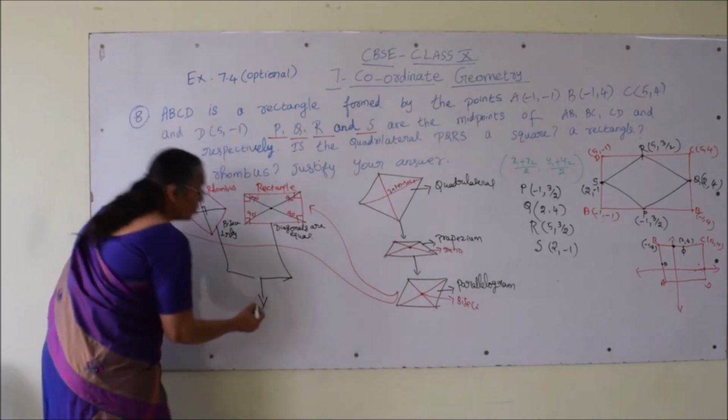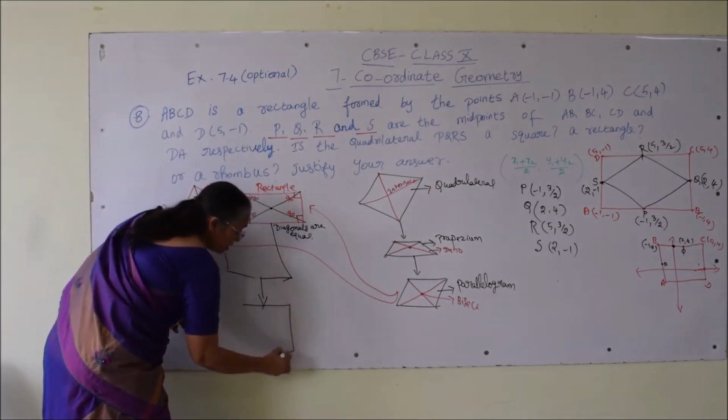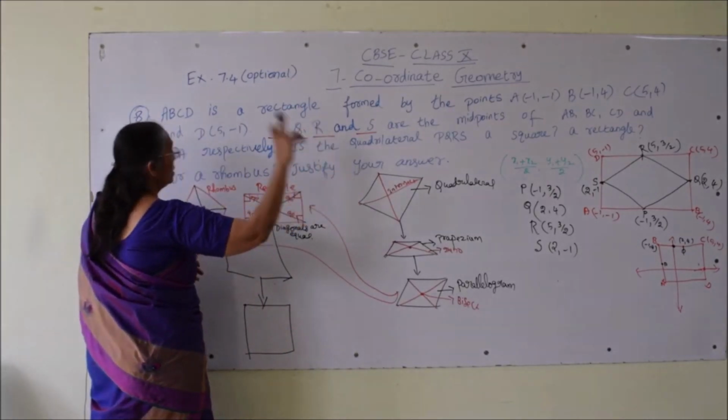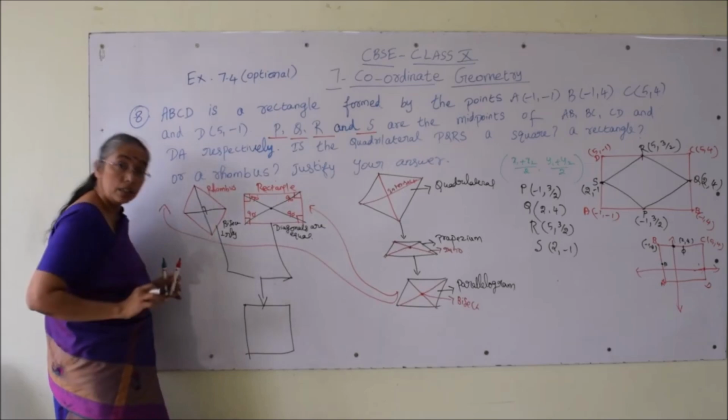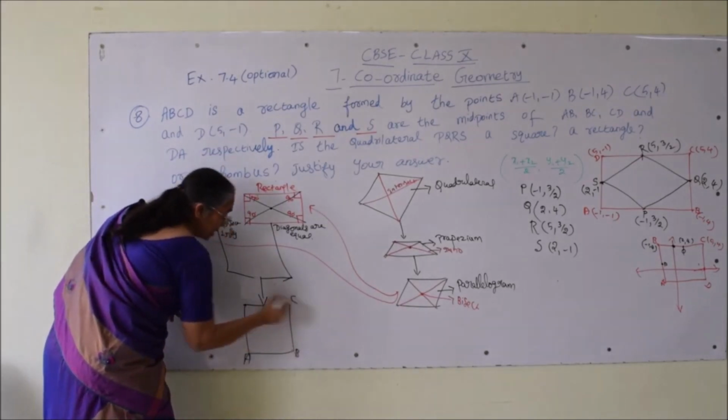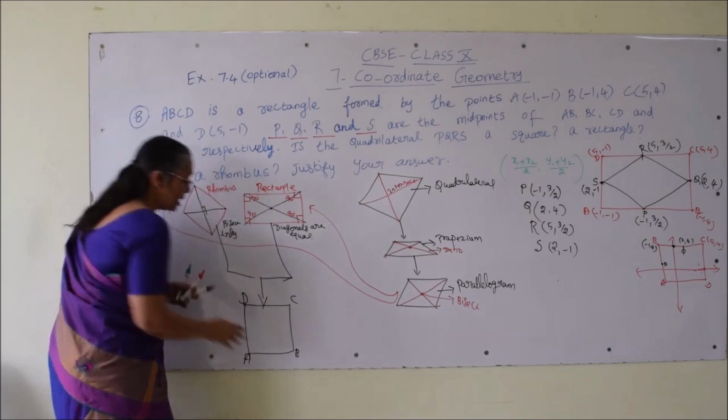Okay. Now, the question is, you have to check whether it is a square, rectangle or a rhombus. So what are all the conditions we should check? Not ABCD, here PQRS.